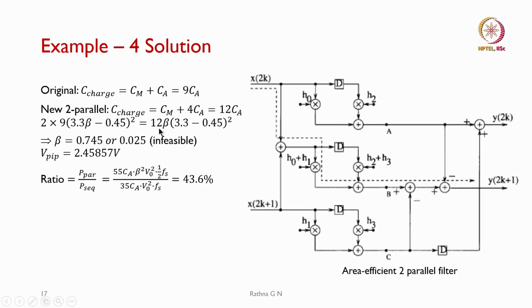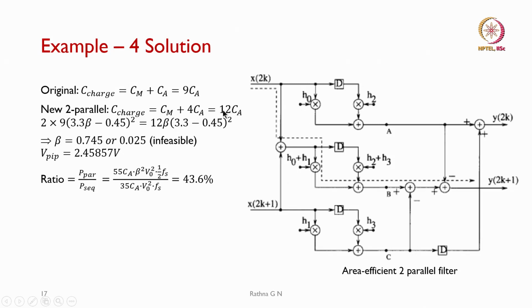So, we assume that the charge is Cm plus Ca, which is going to be 9 times Ca, because 8 Cm plus 1 Ca is equal to 9 Ca, and we have new 2 parallel, that is charge of the capacitor is equal to Cm plus 4 times Ca, because we have 2 parallel sections.